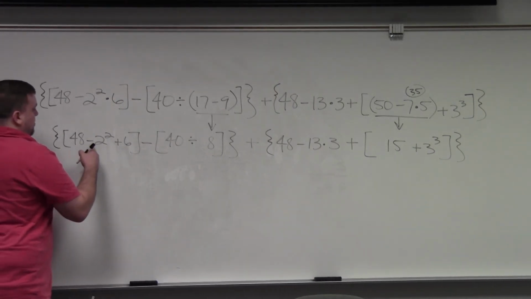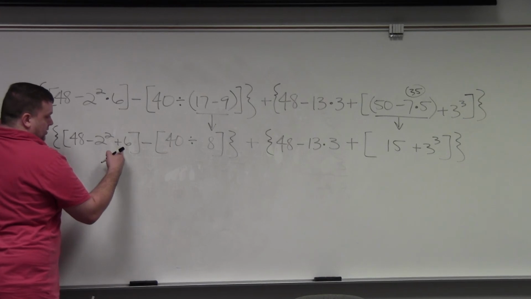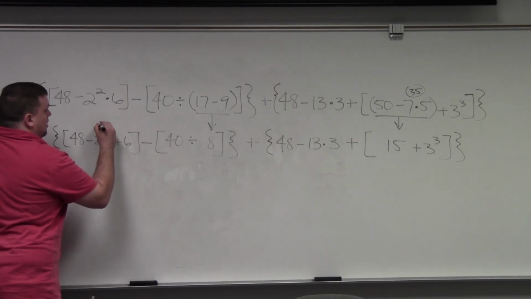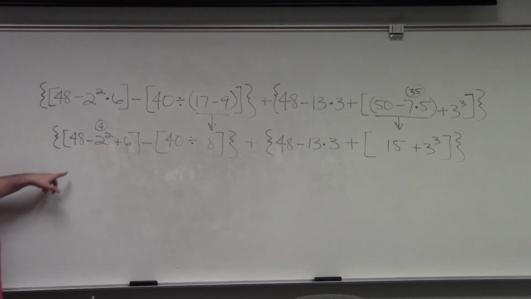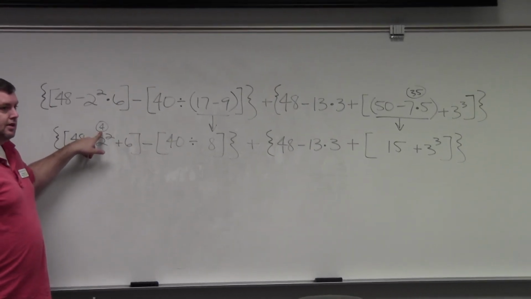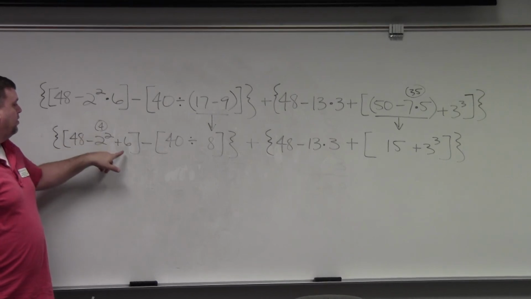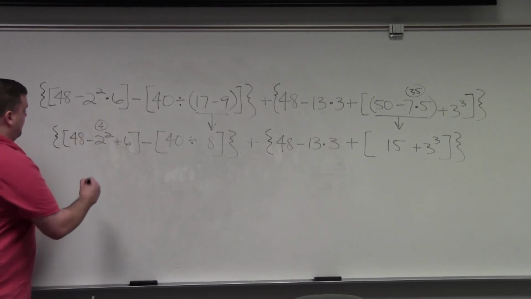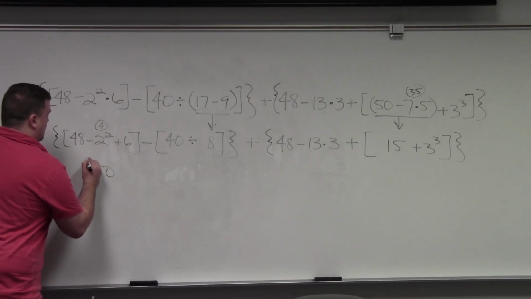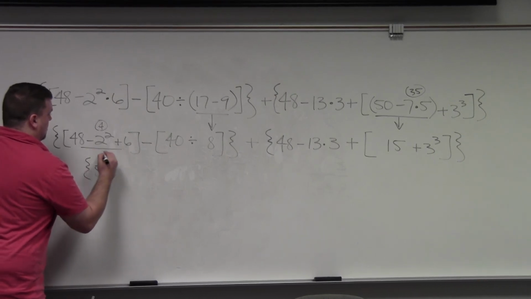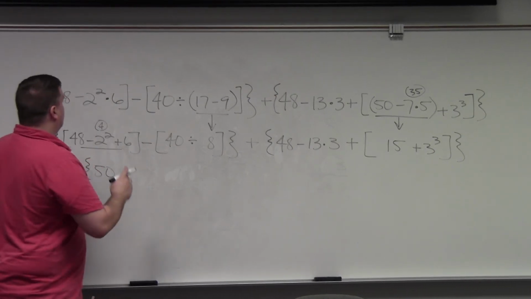We have 48 minus 2 squared times 6. So everybody agree that 2 squared is 4? And then 48 minus 4 is 44 plus 6 is 50. Is it times or is it plus? I think it's times. So it is times, thank you.